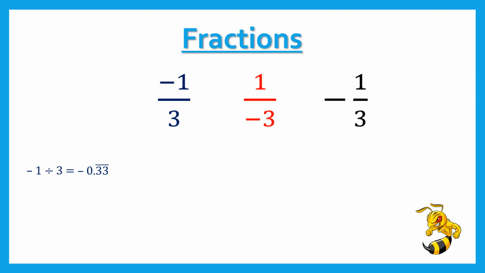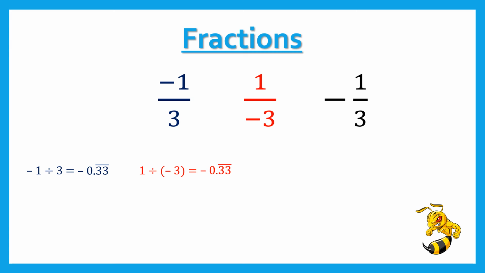The second one that we have is +1 divided by -3. And as a result, it would be -0.3 repeated.